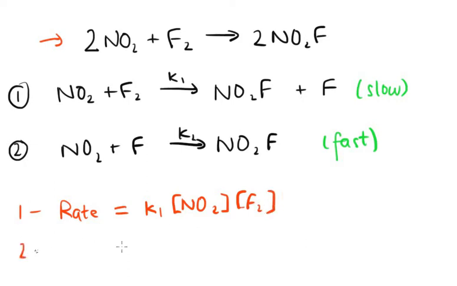And for step 2, we get the rate equals K2 NO2 F. So I got these rate laws by using the reactant species and each reaction step's particular rate constant, and then the exponents are nothing but the coefficients of the reactants as well. So each reaction step has its own rate law.